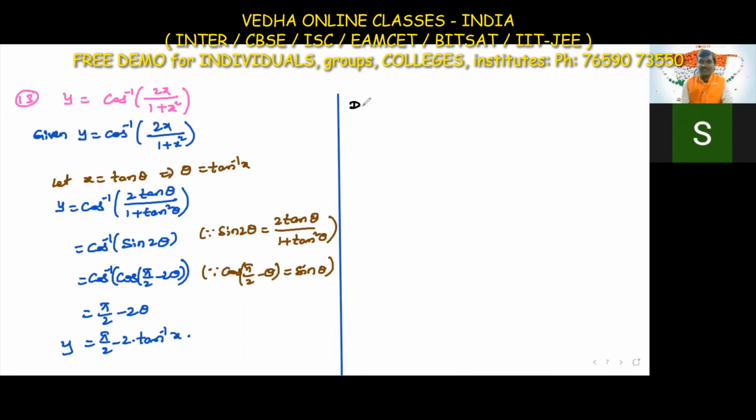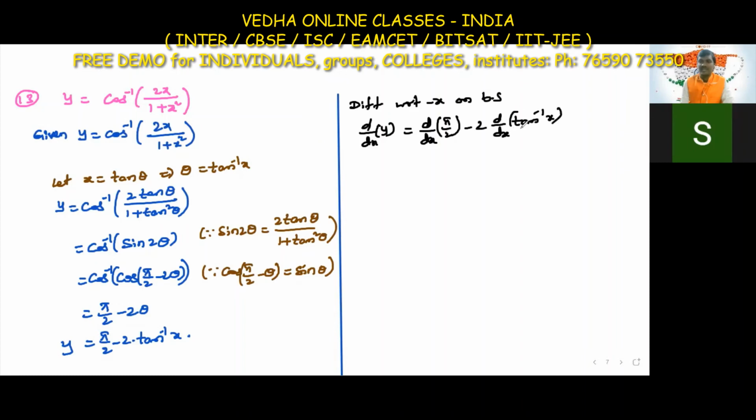Now we are going to differentiate this function. Differentiating with respect to x on both sides, d by dx of y is equal to d by dx of pi by 2 minus 2, which is a coefficient outside, and d by dx of tan inverse x.